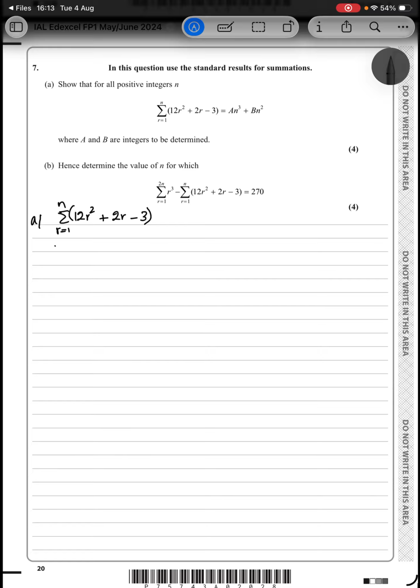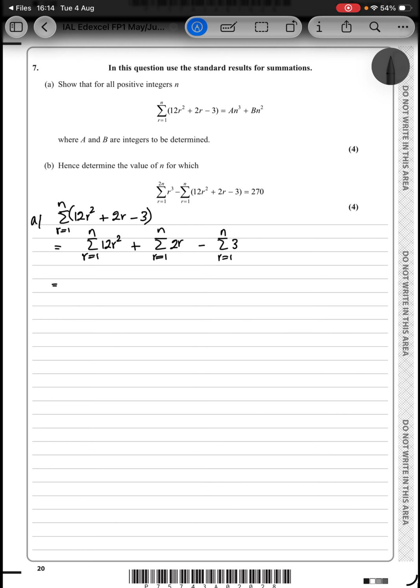So we can write that as summation of 12r squared from r equals 1 to n plus, because there's a plus in front of 2r, summation of 2r from r equals 1 to n minus, because there's a minus in front of the 3, summation of 3 from r equals 1 to n.